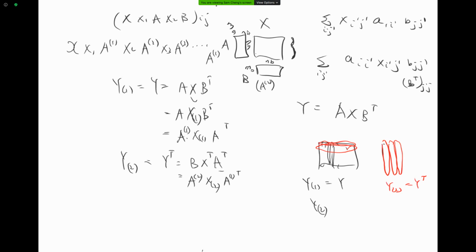Okay, I should fill up here also. So indeed we have this equation here.